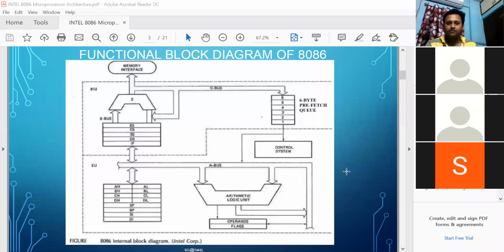Small gap means that it is starting from 2000 to 2FFF, then again from 4000. You can initialize any segment in any position within 1 MB. It is not mandatory that you always store these segments individually at 2000 or 3000.